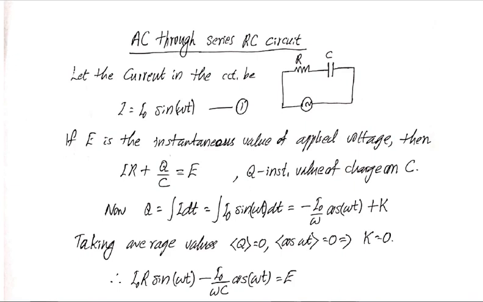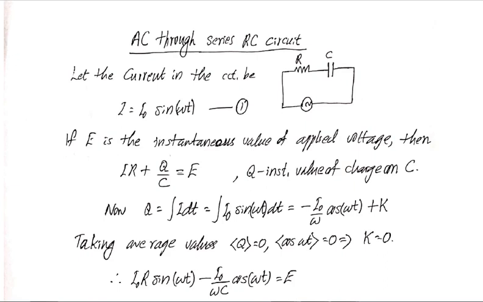So we assume an instantaneous value of current and derive the expression for the applied EMF, and then we will find the phase relationship between the voltage and current, and also the relation between the peak value of voltage and peak value of current.